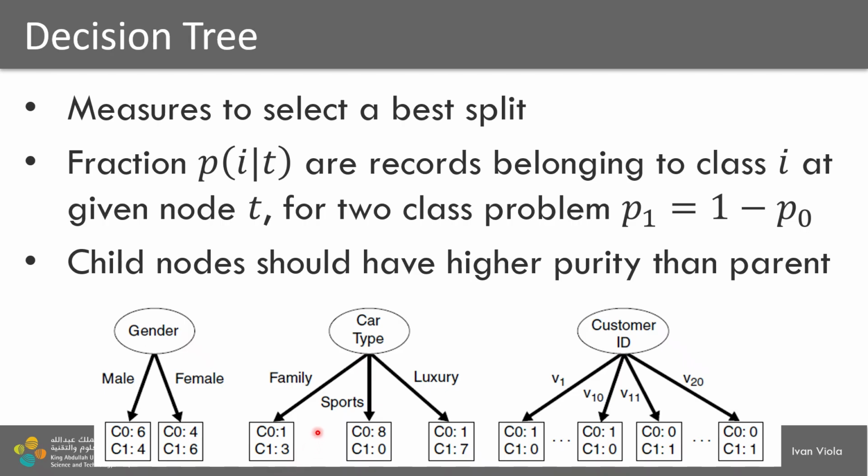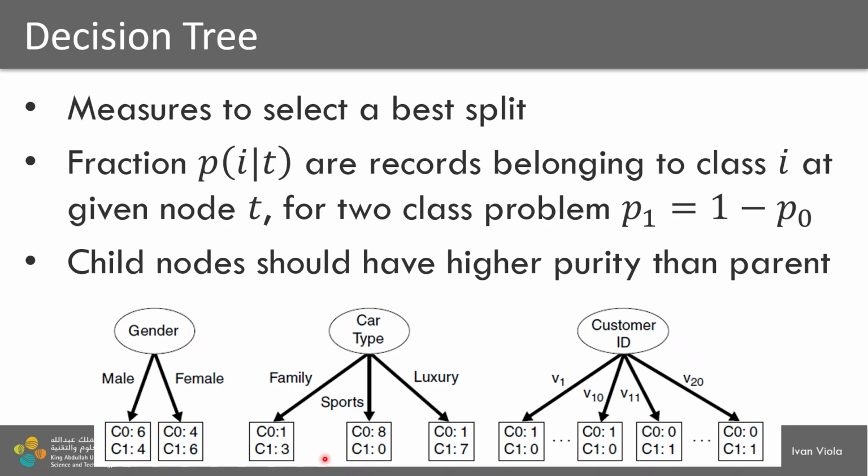If we have the same scenario, maybe about the loan application, and we decide based on the car type the individual has instead of gender, we might observe that of those who have a family car, one would be able to repay the loan and 3 would not. If you have a sports car, you will be able to repay the loan, because everybody is from the group that can repay, and nobody in this child is from those who cannot.